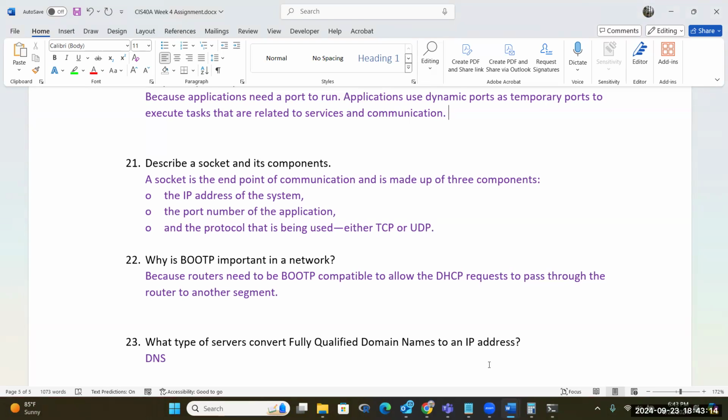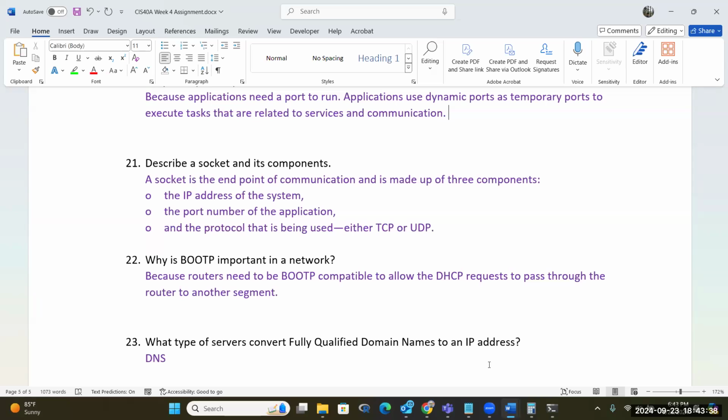Because routers need it. That way it will allow DHCP requests to be passed through the router to another segment. And you see this with remote access for workers who are working from home. They would authenticate into, let's say, their employee portal, and that passes through the firewall.